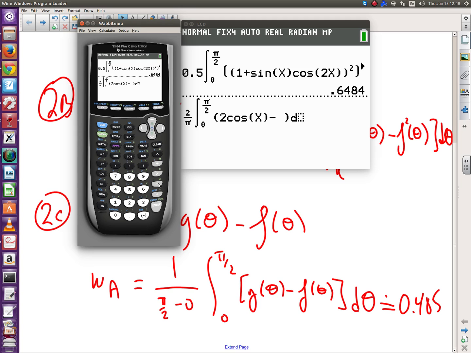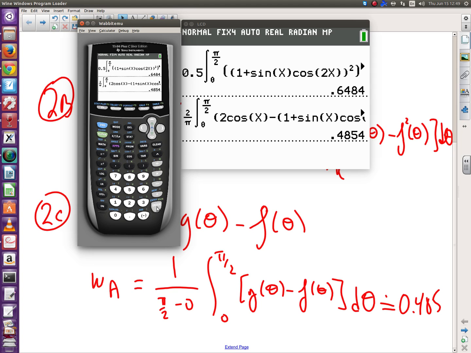Minus the quantity of f, which was 1 plus sine of theta, cosine of 2 theta. We're in radian mode and everything, so we're happy. And we've got to close up parentheses because we're subtracting all of that. And again, x for theta and dx for d theta. And I think, is that it? Let's see. And we get 0.485. We do. That's it. Perfect.